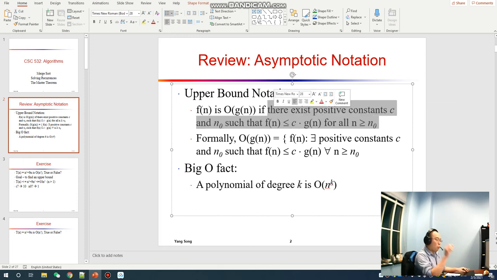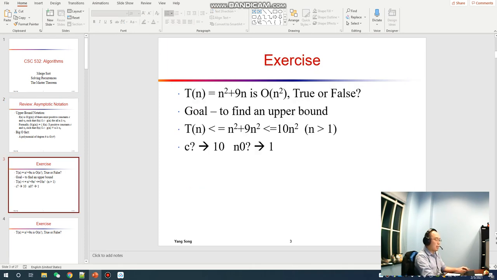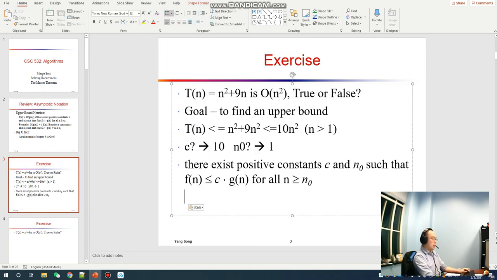Let's grab this line and make the change here. There exists a positive constant c, and c is 10. And n0 is 1. So 10 times g(n), which is n squared, for all n greater than 1.